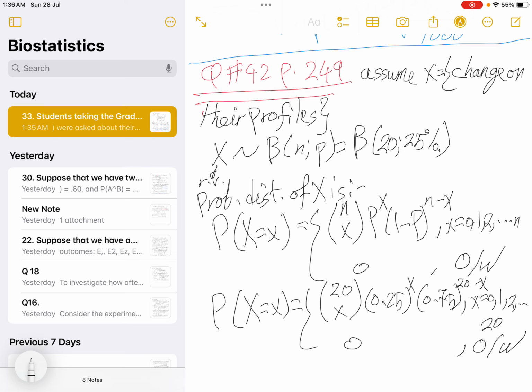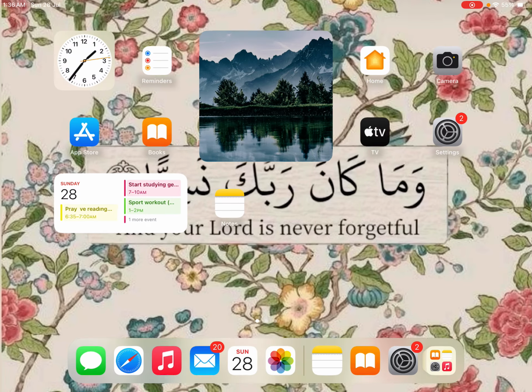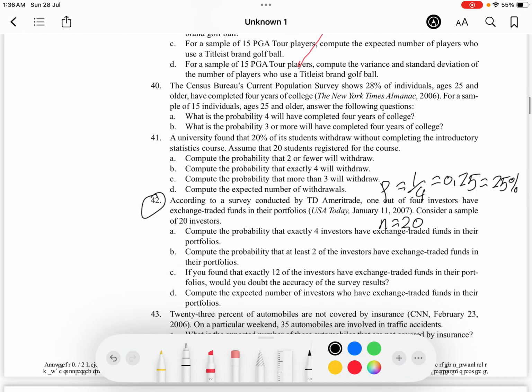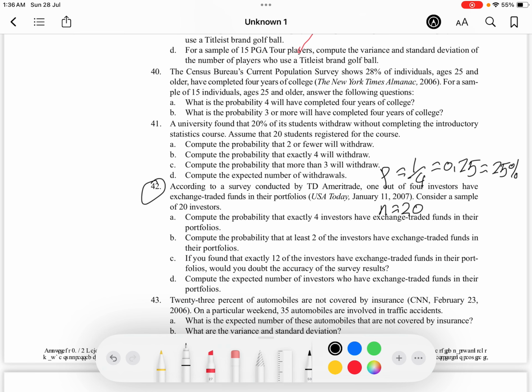Now I will begin to solve part A. Compute the probability that exactly 4 investors have exchanged traded funds in their profiles.